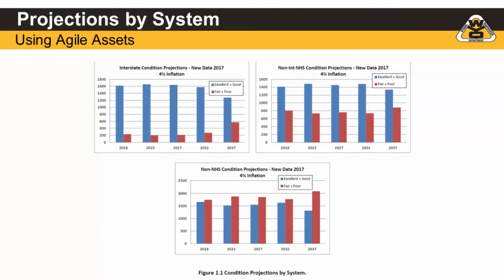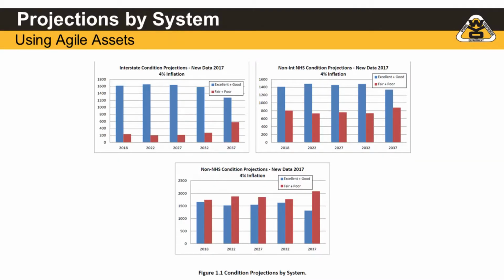We break out, again, the interstate separate, then the non-interstate NHS and the non-NHS. As you guys probably know, all of our federal funding is on the NHS, so that's interstates and non-interstate NHS, and then state funding is basically the non-NHS. That bottom graph shows a lot more needs for dollars than the top part.